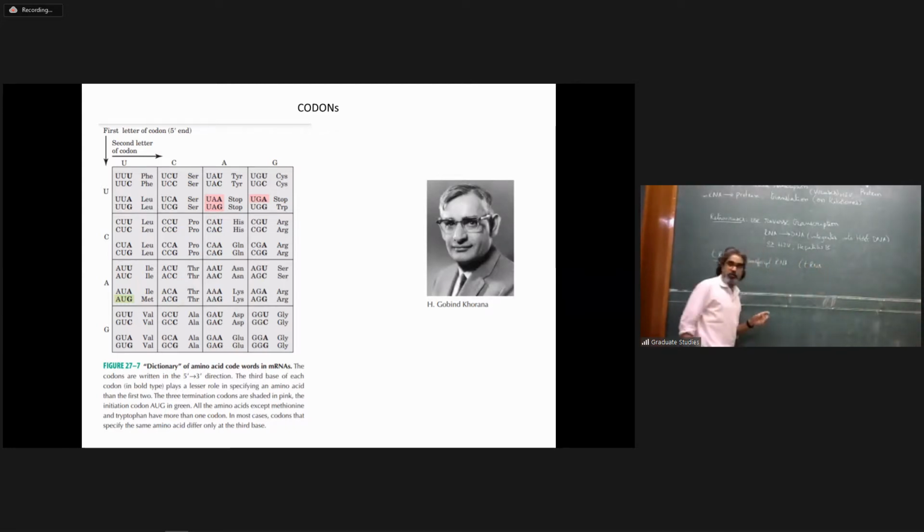Every tRNA codes for only one amino acid. There is a specific tRNA for every amino acid. For example, for alanine there is a tRNA alanine, or for phenylalanine you have a tRNA phenylalanine.